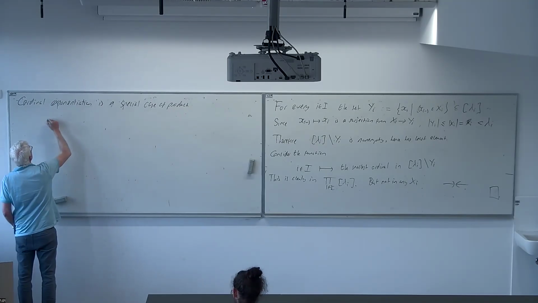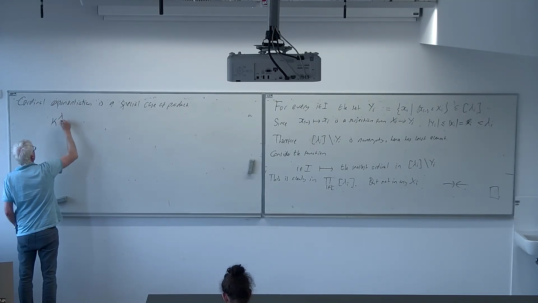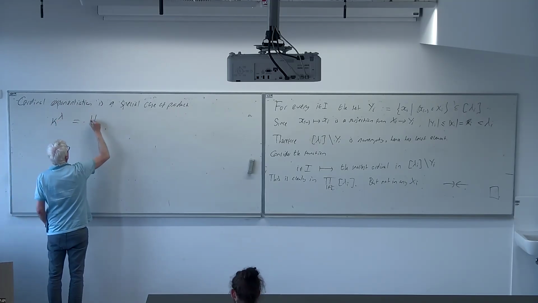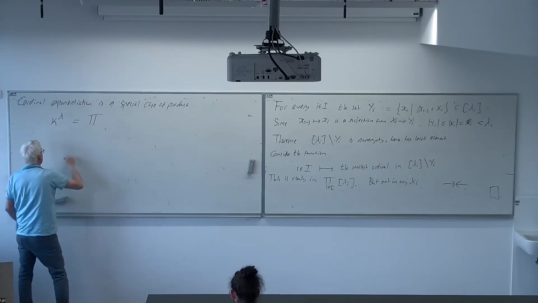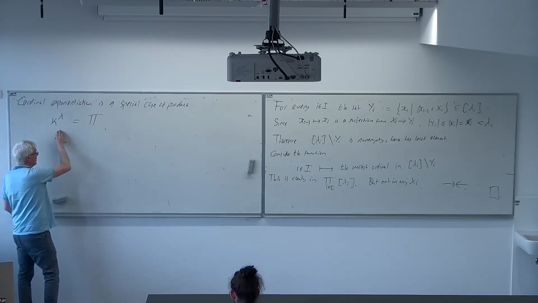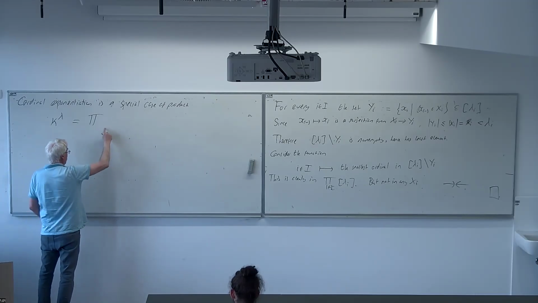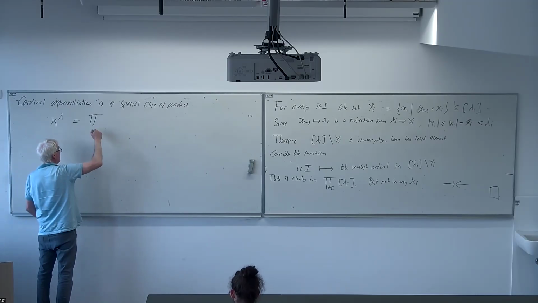So kappa to the lambda, the two cardinals, is just the same as, in the same way that the product of two cardinals was an index sum where the thing that you're summing is not dependent on the index, it's just the same here.